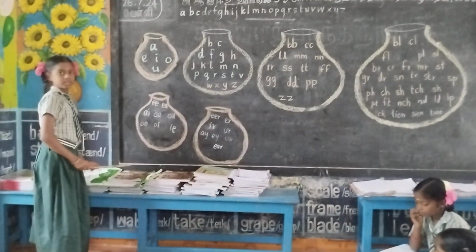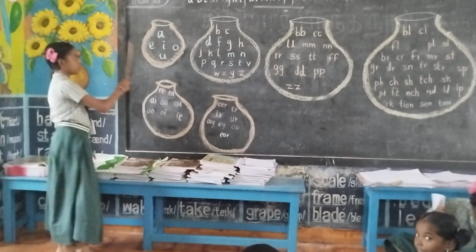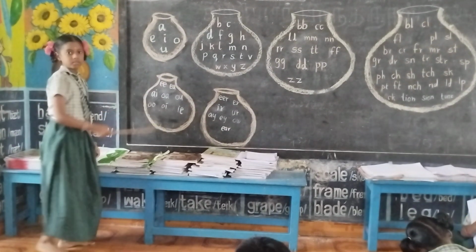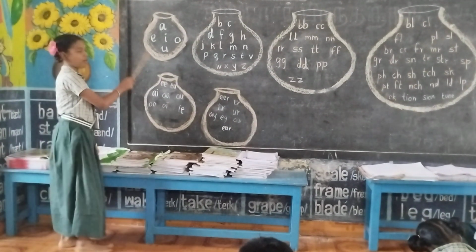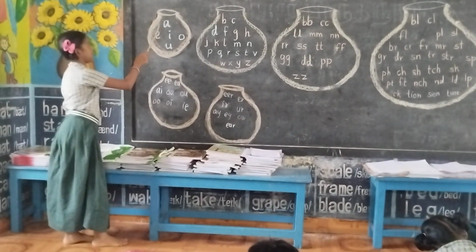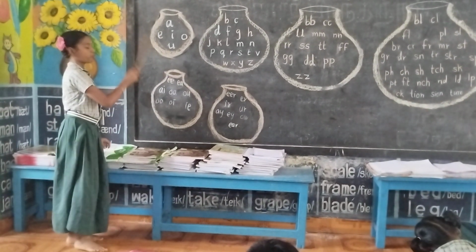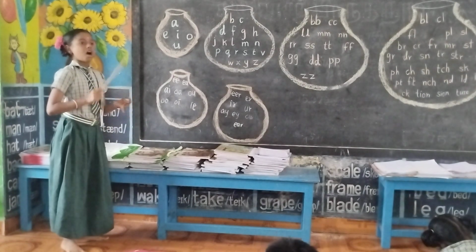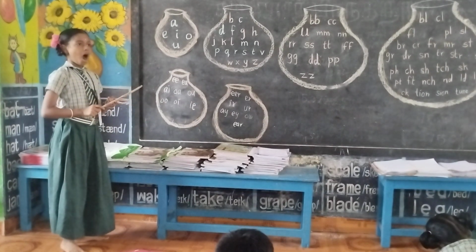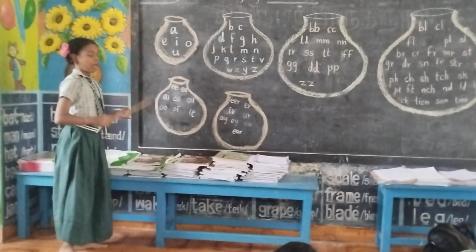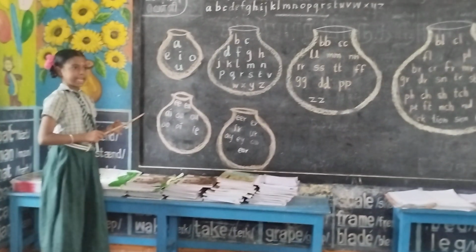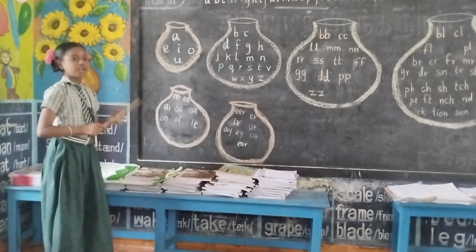Are you ready? This pot is purple. The pot has purple. Good. The first letter A has four sounds. For example, cat, bat, gnat.